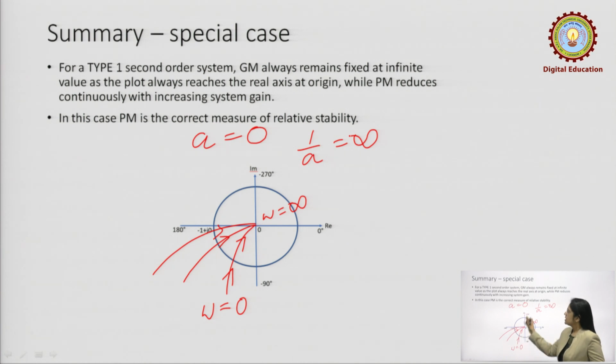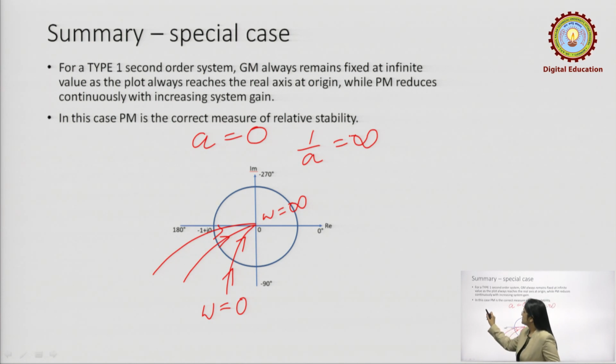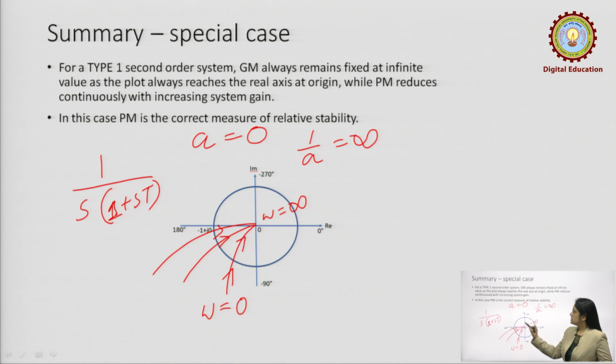In such a case, we can look at the phase margin. The type 1 system we are discussing is 1/S times 1/(S+T). For this kind of system, the gain margin will always be infinite irrespective of the gain value, because A will always be 0 when the phase angle is -180 degrees.